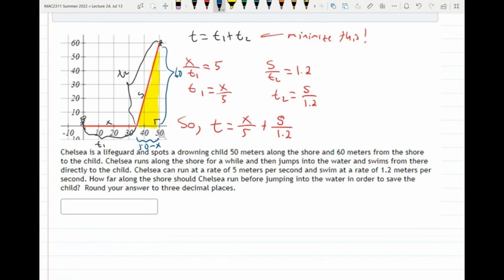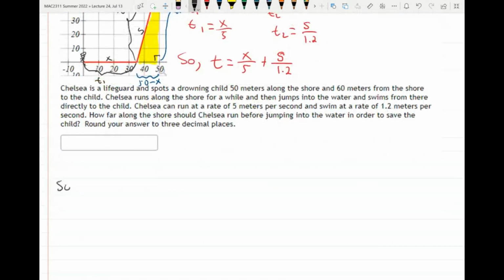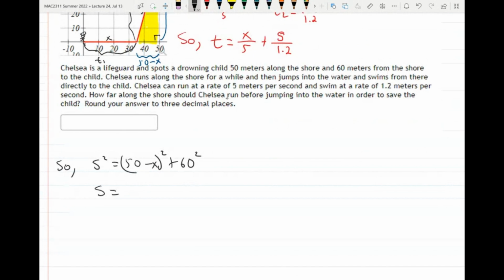60. So now, the Pythagorean theorem. s squared is going to be equal to (50 minus x) squared plus 60 squared. So that means that s is going to be the square root of 3600 plus (50 minus x) squared. Notice that when you do a square root it's plus or minus, but s is an actual quantity, so s has to be a positive number.